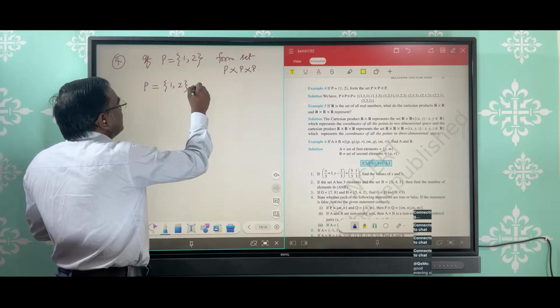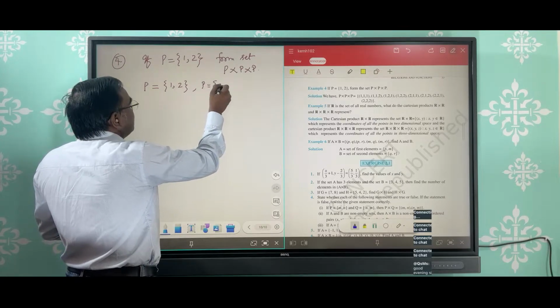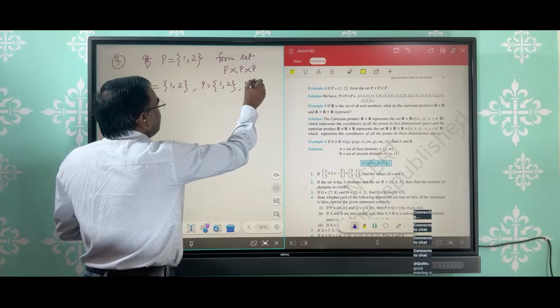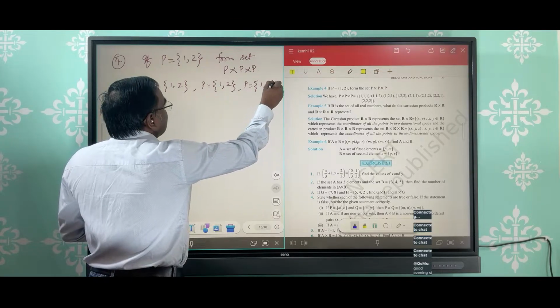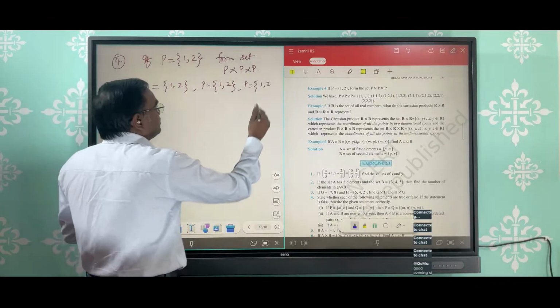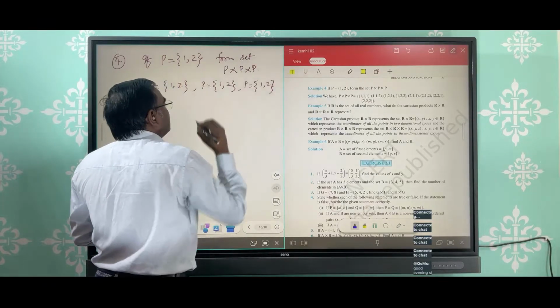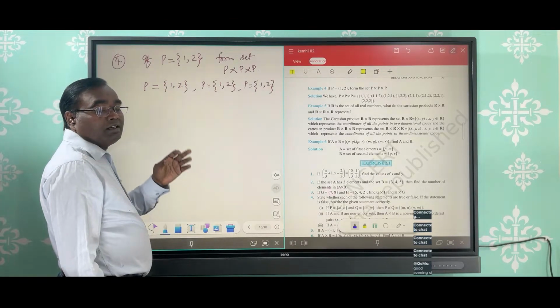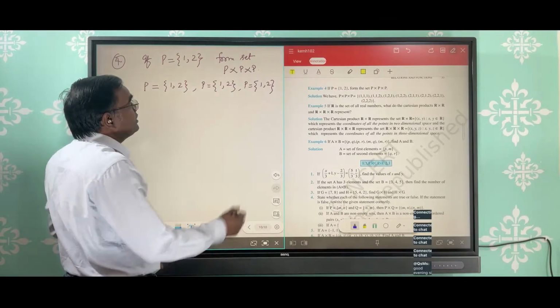Okay. Just for simplicity, I am showing this. You are taking 3 times P. Okay. Now you are being asked to find P cross P cross P. So what we'll do?